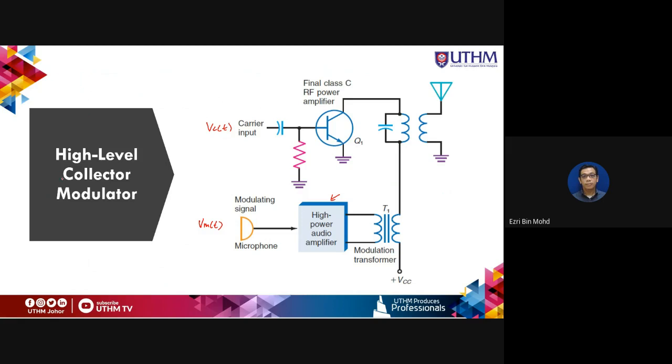Collector modulator, which is the collector here. The collector modulator supplies power to modulate the carrier signal by using a secondary winding of a transformer.